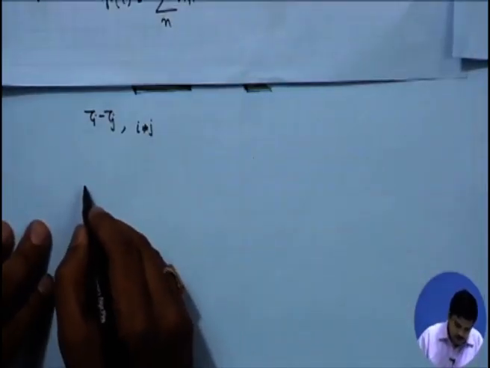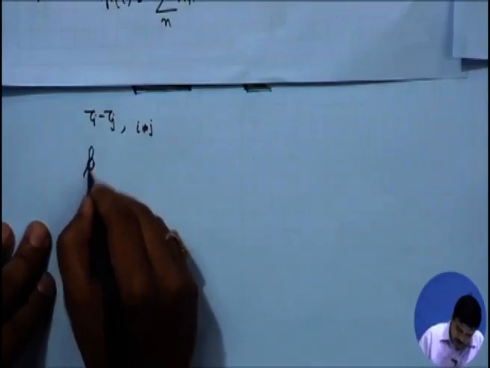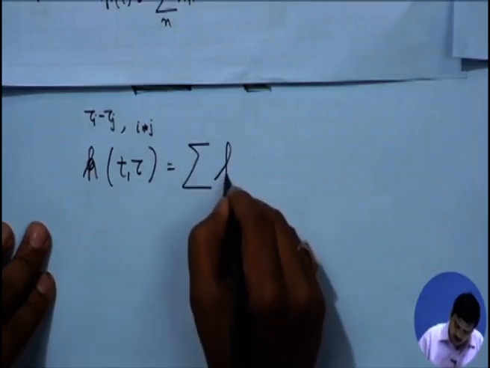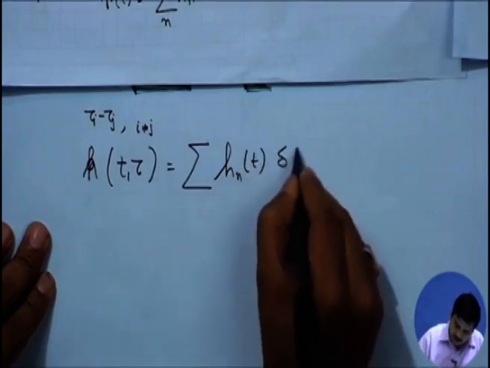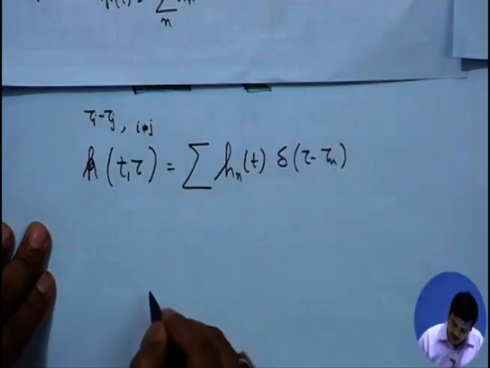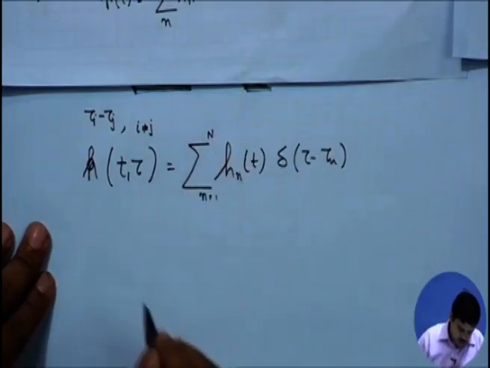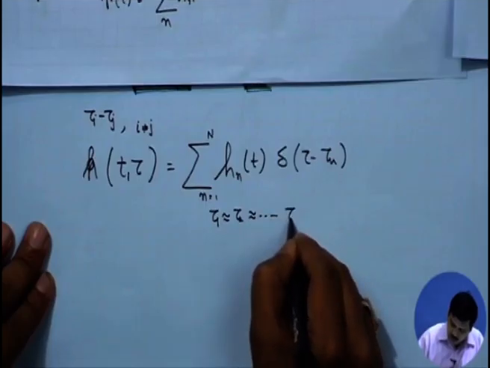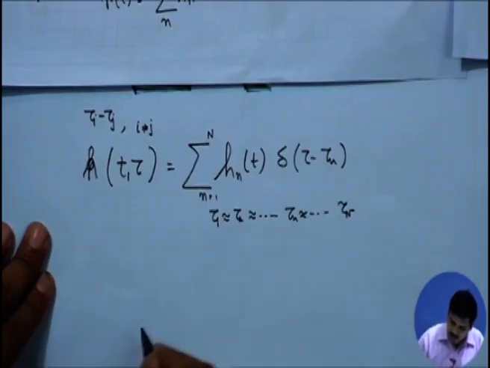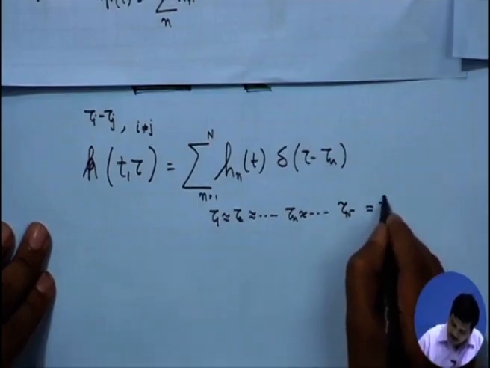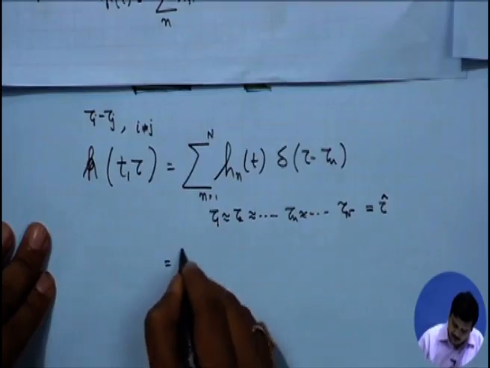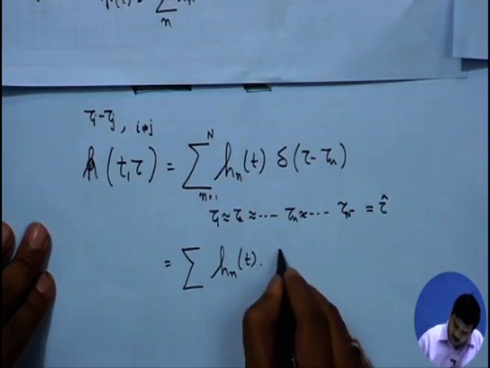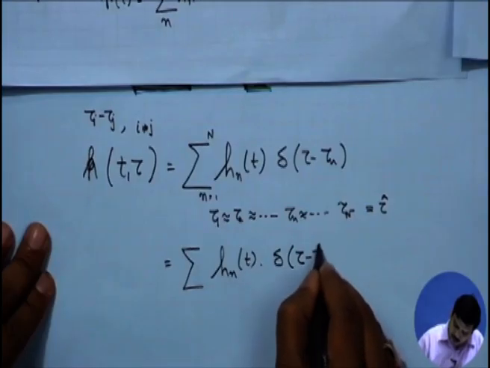What we could write is h of t comma tau, which was equal to the sum over h n of t delta of tau minus tau n, n equals 1 to capital N. Now, since we have said that tau 1 is almost equal to tau 2 is almost equal to tau n is almost equal to tau capital N, and let that be equal to some tau cap, then we could write this as equal to h n of t multiplied by delta of tau minus tau cap.